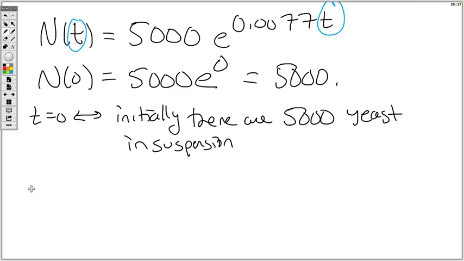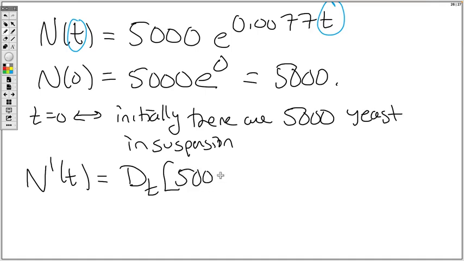Now let's calculate the derivative. So taking the derivative with respect to time, because that's the independent variable indicated there, 5,000 e to the 0.0077t. So that 5,000 is a constant multiple, so what can I do with it?